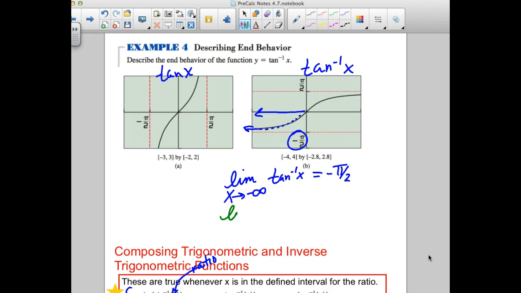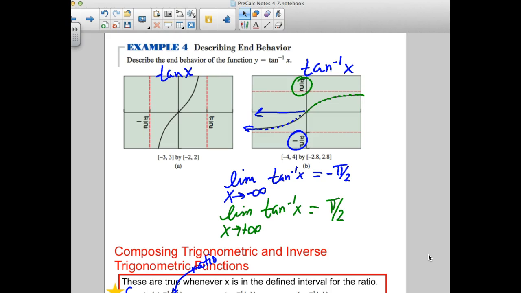The limit as x goes to positive infinity of our function, so as we go towards the right, our function is moving up and it's approaching that pi over 2 level. So you will have a few questions in your homework where it asks you for the end behavior of a graph.